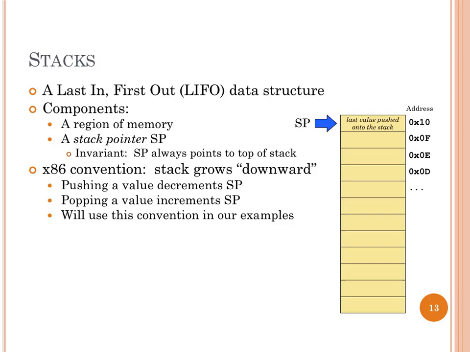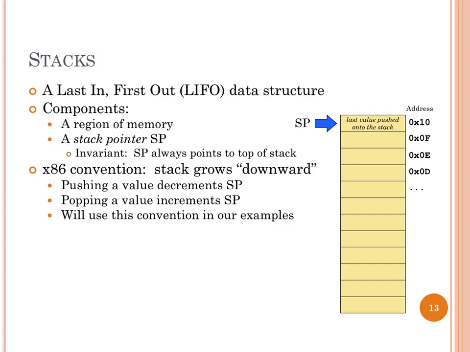So a lot of times dynamic memory allocation grows up from a low address, and the stack is at the top and it grows down from a high address. And so that basically leaves me the maximum amount of time before the two meet and there's an explosion, right? So that's one of the reasons why we grow stacks downward.